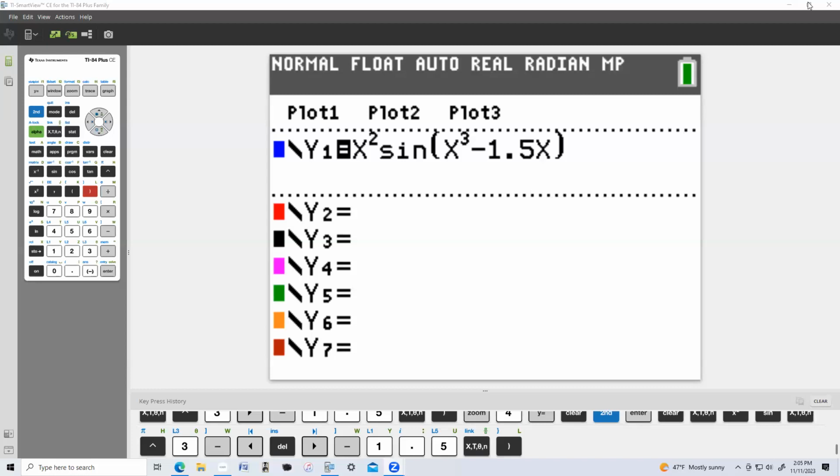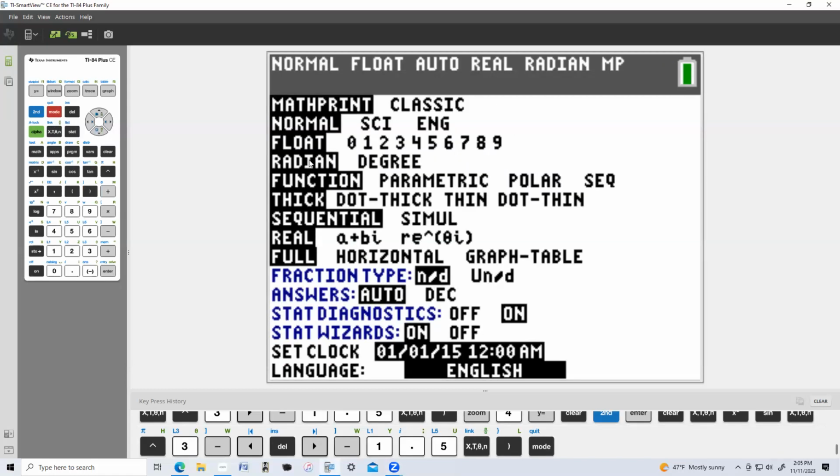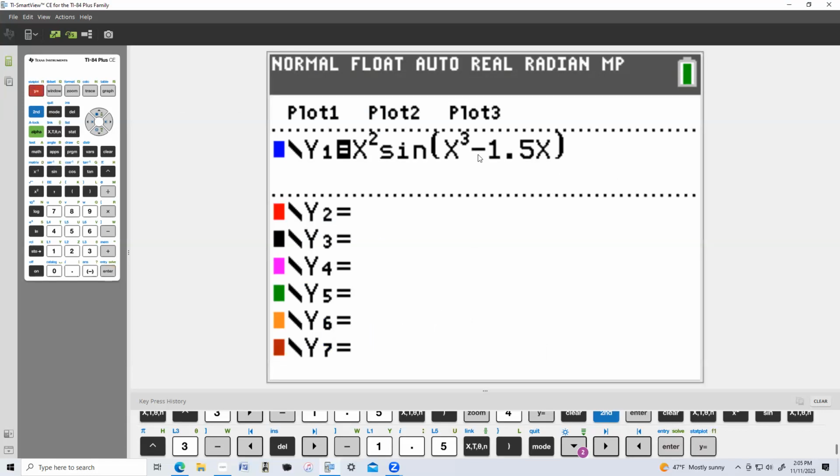And as I was saying, you want to always make sure for calculus you're in radian mode. So on the TI, I'm going to hit mode and double check that I'm in radians here and not degrees. Again, you don't want it flashing on degree. You want it blackened in on radians. So I'm going to hit enter, and now I'm confident I'm in the correct mode for doing trig functions. So I'm going to go back to y equals. That's our function here that we're going to be answering questions on. And I usually like to start with a 10 by 10 window.